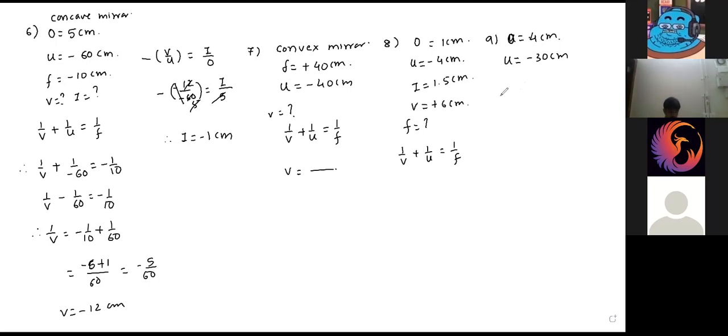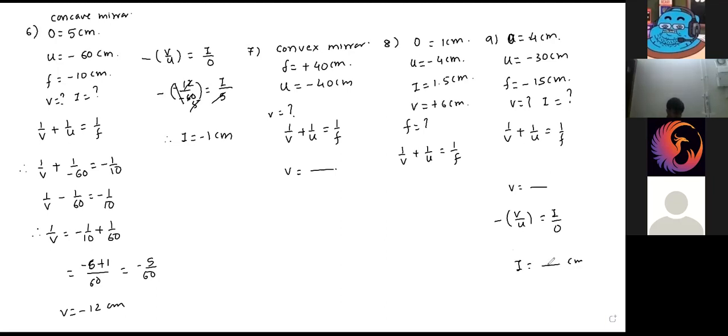Focal length दिया हुआ है 15 centimeter, f is minus 15 centimeter. Then find the image. v पूछा है और I पूछा. So which formula? 1 by v plus 1 by u is 1 by f. फिर v मिलेगा. फिर minus v upon u is I upon O, से मिलेगा I equal to something centimeter. You can just do this part properly.